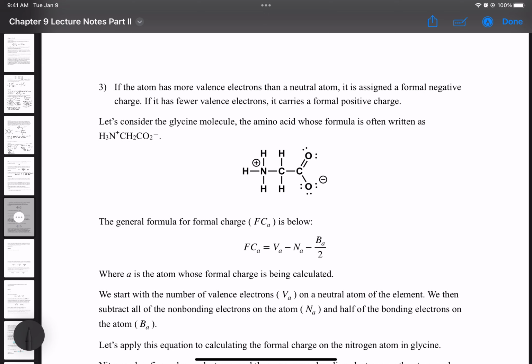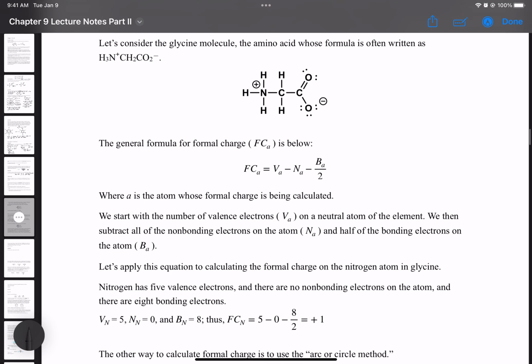First, VA is the number of valence electrons on a neutral atom of an element when it's by itself. Then from that number, you subtract the number of non-bonding electrons on the atom, so electrons as lone pairs. And then you subtract half the number of electrons involved in bonding, okay?